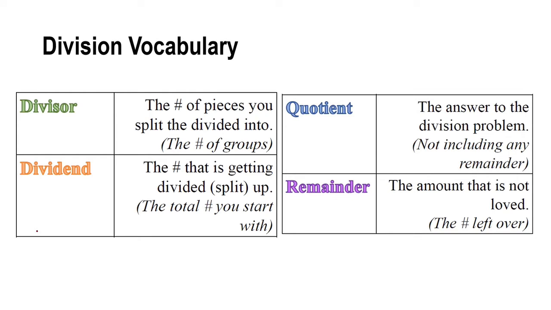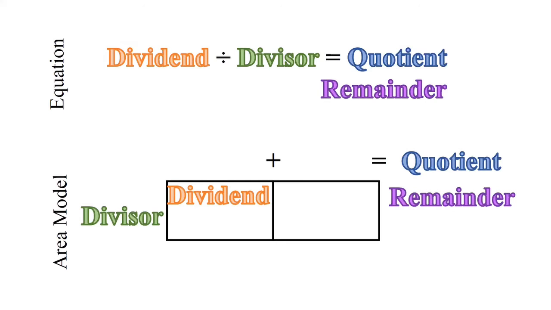It's also usually, but not always, the biggest number. Quotient is the answer to the division problem, not including any remainder, and the remainder is the leftovers. In division, you almost always have the equation: the dividend divided by the divisor, which equals the quotient, and if it applies, you'll have a remainder.